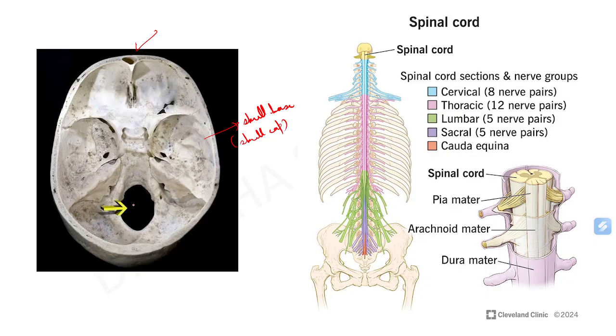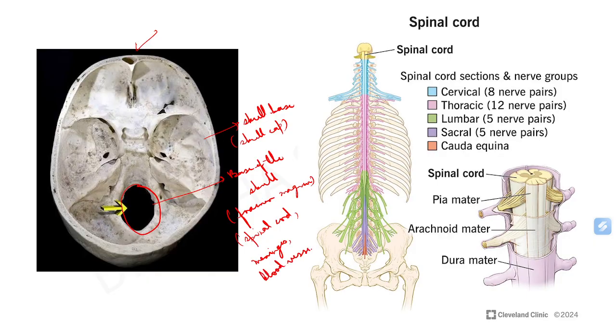So, as you can see in this diagram, this particular largest foramen at the base of the skull is called the foramen magnum. It is the largest foramen present in your skull and it transmits your spinal cord. It transmits the meninges and it transmits the blood vessels below this. So, what are meninges?